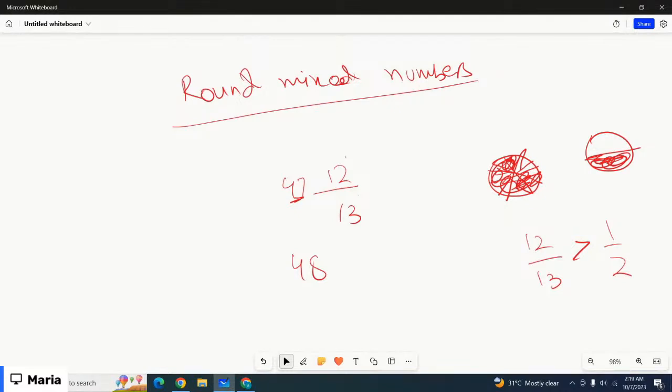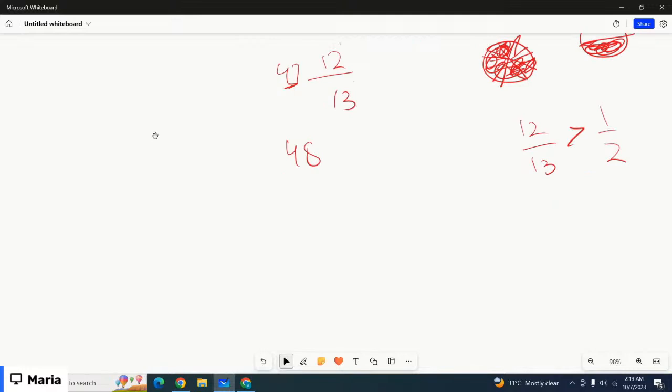Got it? Okay, let's just do another example. The other example is 4 whole 2 over 4.